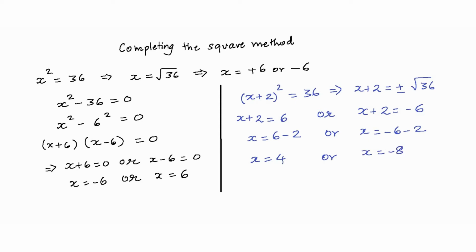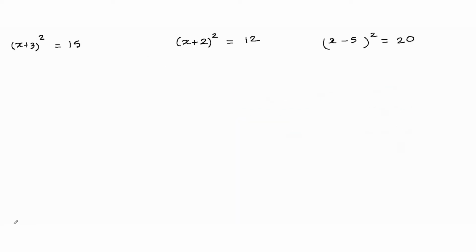So if I can express a given quadratic equation in this form, it really becomes easy to solve the quadratic equation. Let me show you some more examples. Let us assume we have the following quadratic equations. So x plus 3 the whole square is 15. So now if I take the square root on both sides, I will get x plus 3 is equal to plus or minus root 15.